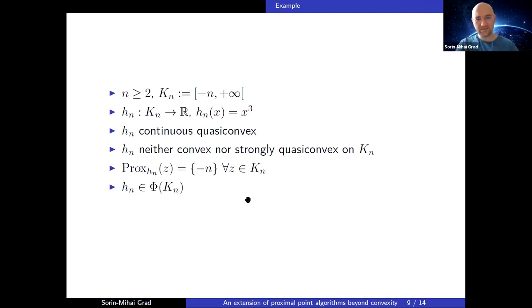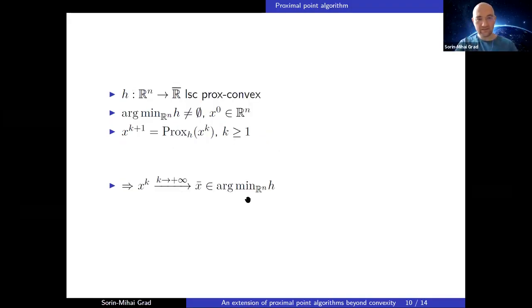So I said that we introduced this in order to extend the proximal point algorithms beyond convexity. On the next slide, it's just the result, the classical proximal point algorithm formulated, and we take here the function to be LSC and prox-convex. The prox-convexity involves properness, that's why I didn't put here also proper.